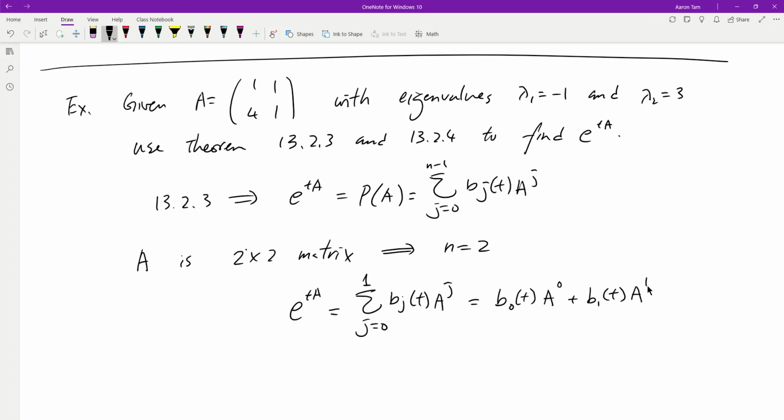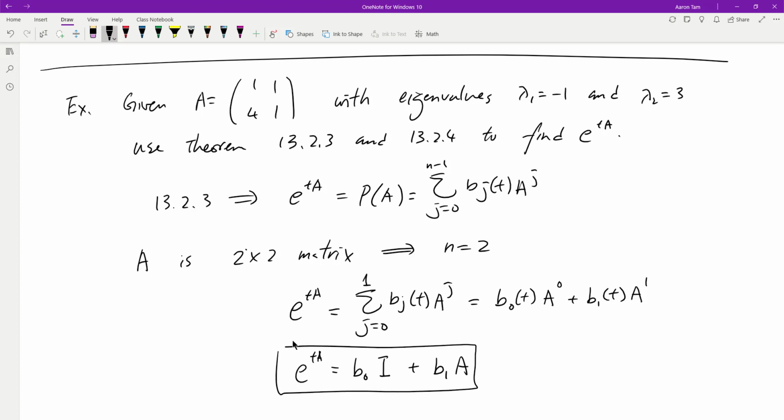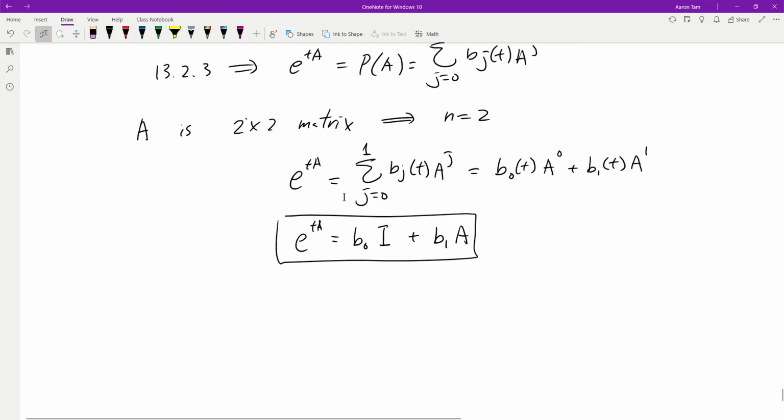That basically tells me that e to the tA is equal to b sub 0 multiplied by the identity matrix plus b sub 1 multiplied by the matrix A. Yes, I dropped the parentheses t because you just have to remember that b sub 0 and b sub 1 are both functions of t. They could also be constant, but it's more likely that they would involve t in them. So in order to complete this formula, I do need to find out b sub 0 and b sub 1.